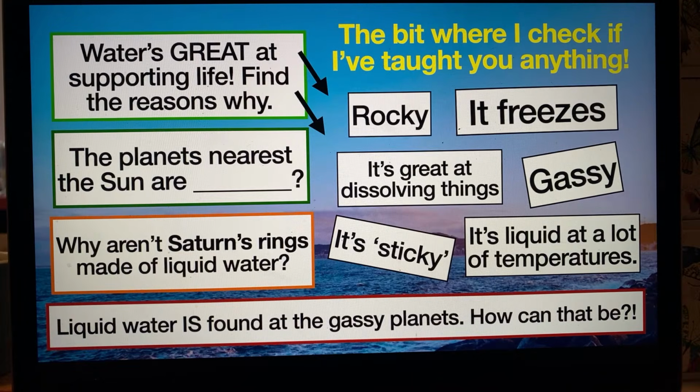So the first question: why is water so great at supporting life? It could be just one answer, or it could be two, three, or four. I'm going to leave it up to you. I don't know how many answers there actually are.